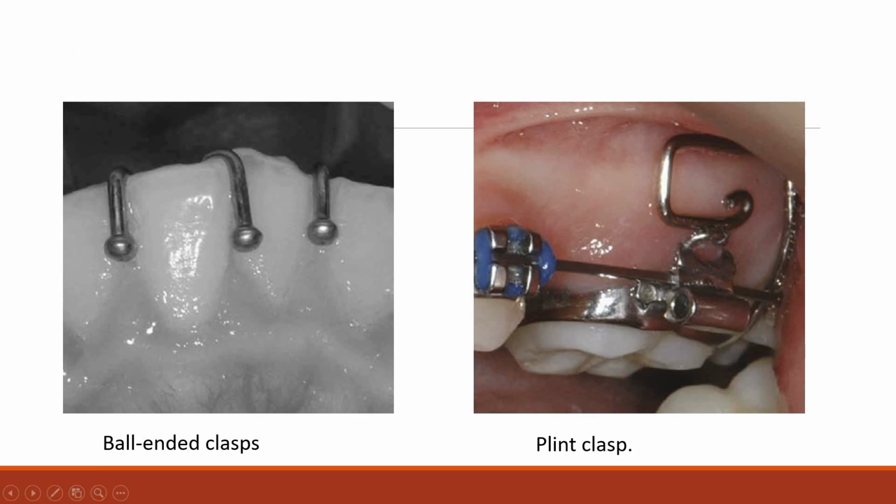Ball-ended clasps engage interproximal undercuts between the teeth and are activated by bending the ball towards the contact point. Plint clasps are useful when using a removable appliance in combination with a fixed appliance. These clasps are constructed in 0.7 mm stainless steel and engage the undercuts on the maxillary molar band.